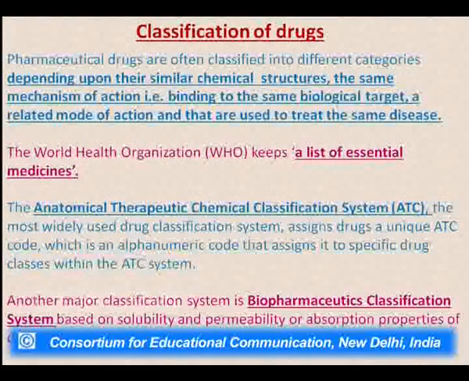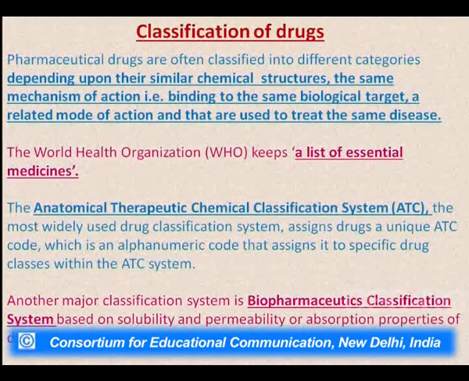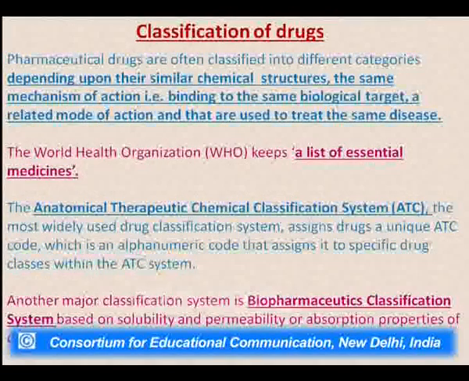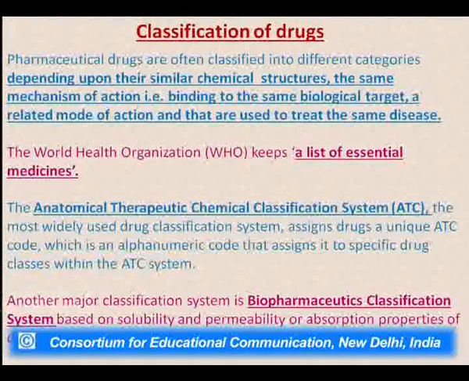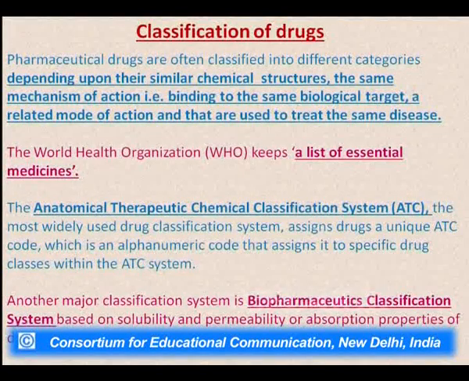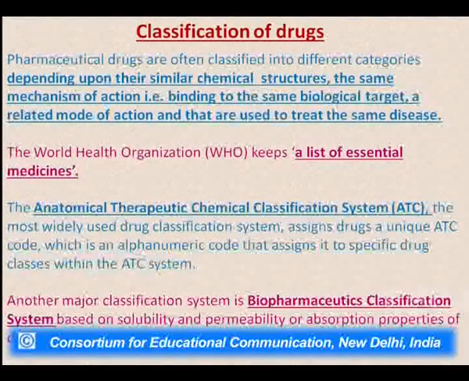The Anatomical Therapeutic Chemical Classification System, ATC, is the most widely used drug classification system. It assigns drugs a unique ATC code, which is an alphanumeric code that assigns it to a specific drug class within the ATC system. Further, another major classification system is the biopharmaceuticals classification system, based on the solubility and permeability or absorption property of a particular drug.